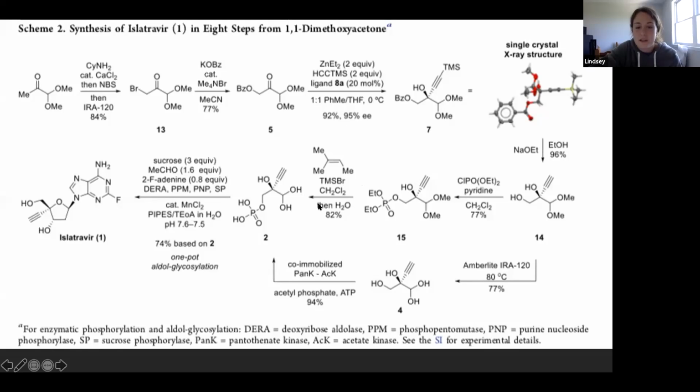And then also this is an acetal hydrolysis as well, is how they do that part. That's a really weird way to do that. It is really weird to do that.